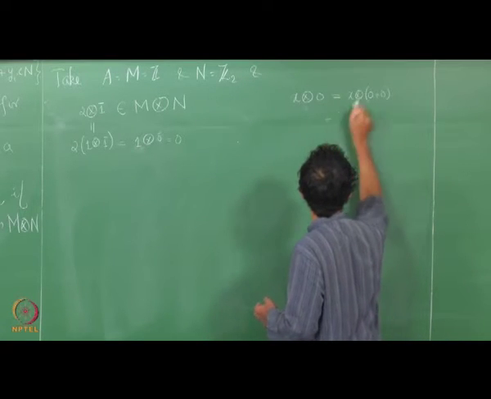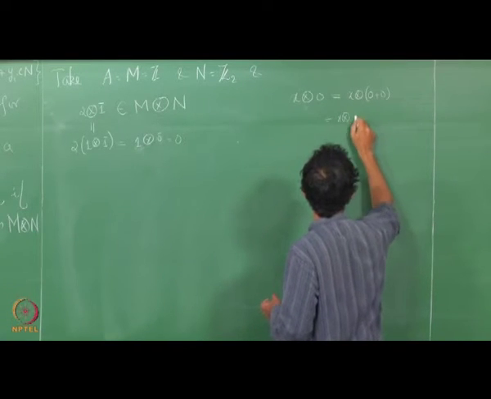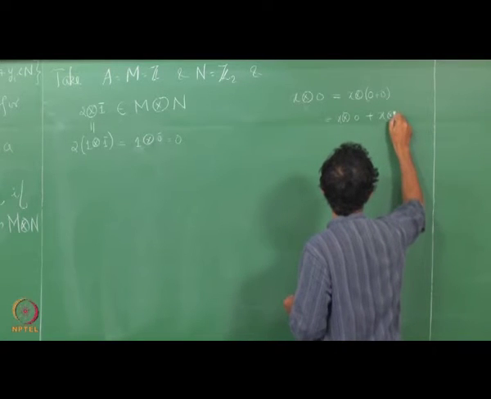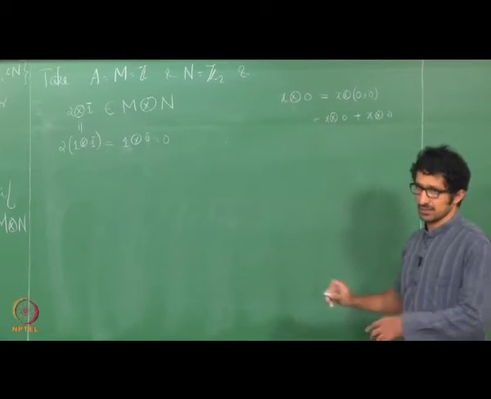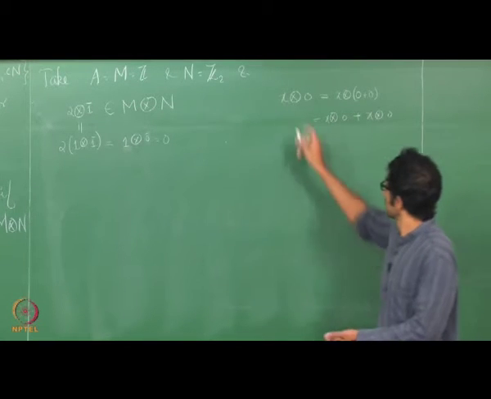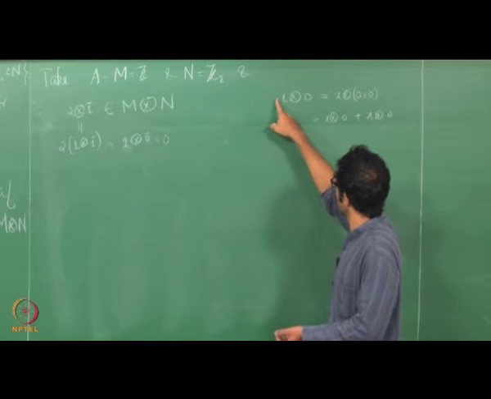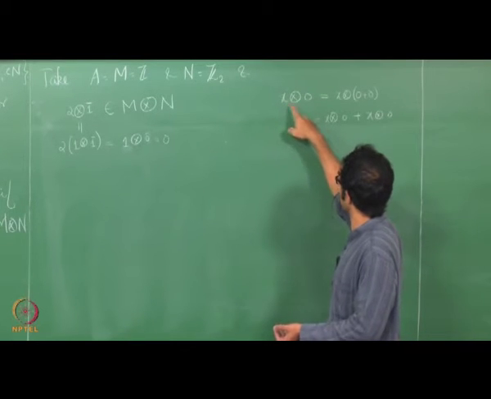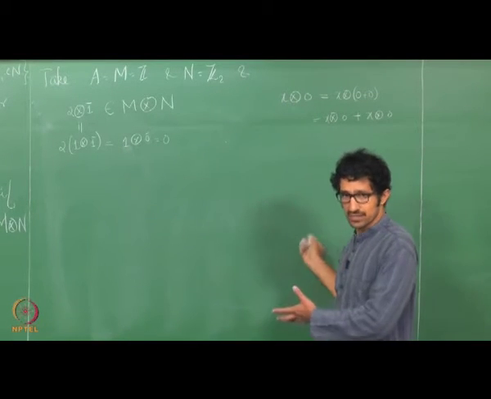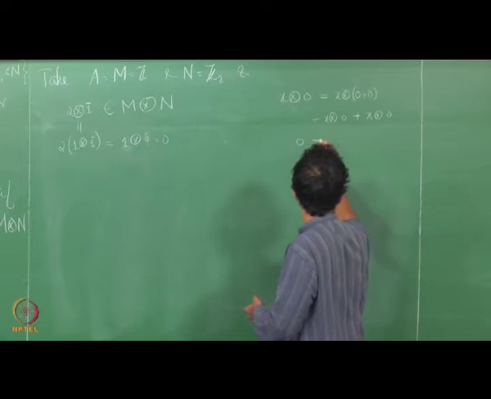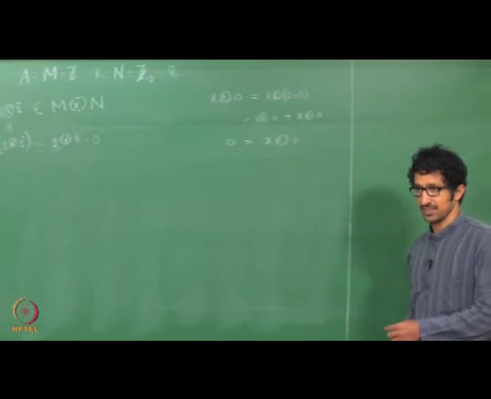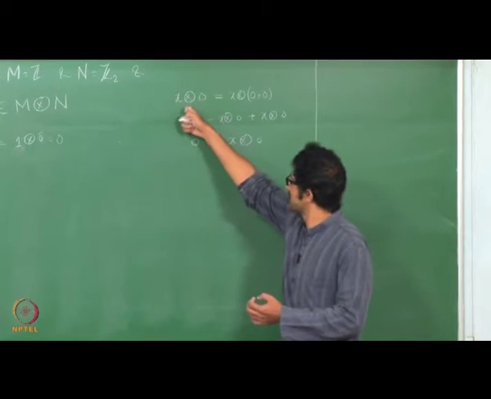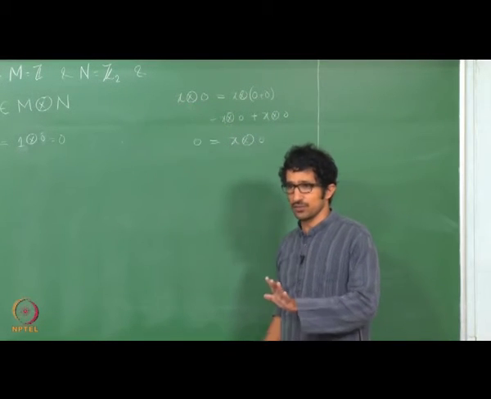By properties of the tensor product, this is x tensor 0 plus x tensor 0. These are all elements of the module, so add the additive inverse on both sides, use associativity, and we get 0 equals x tensor 0. So the element x tensor 0 is 0.